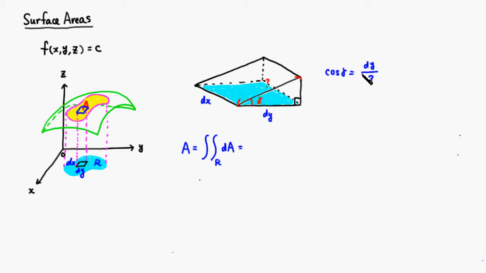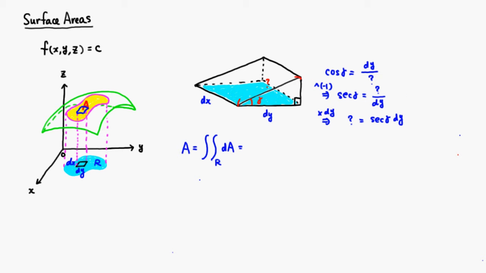Taking the reciprocal of both sides, 1 over cosine of gamma, which is secant, equals question mark over dy. Then you can multiply through by dy, so the question mark is really the same thing as secant of gamma times dy.